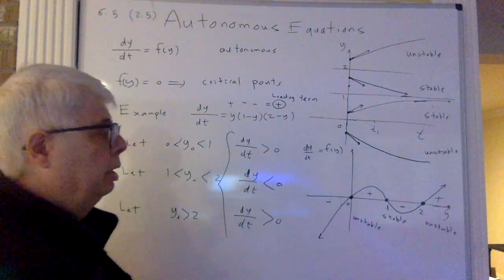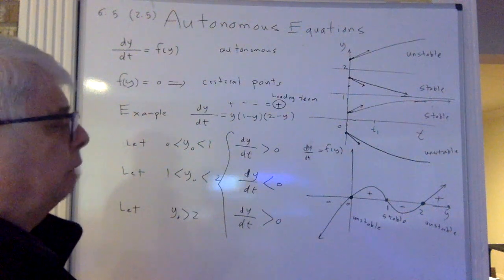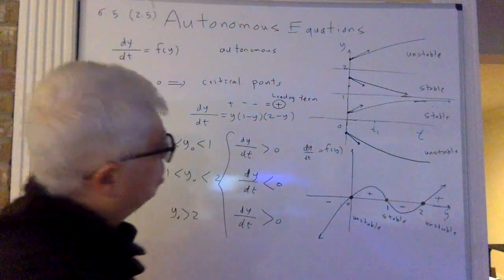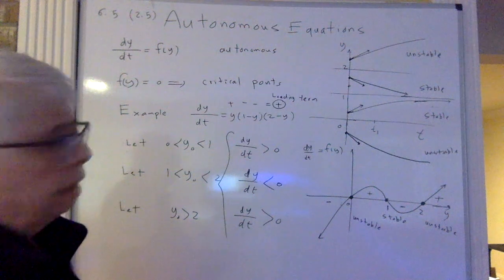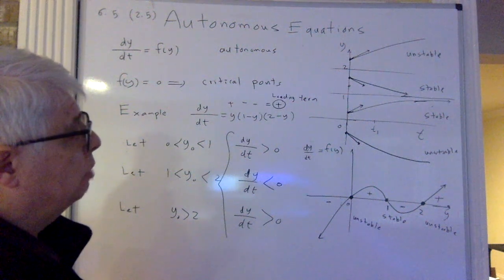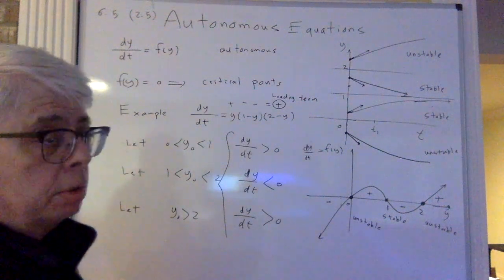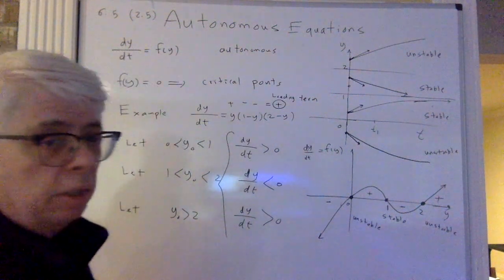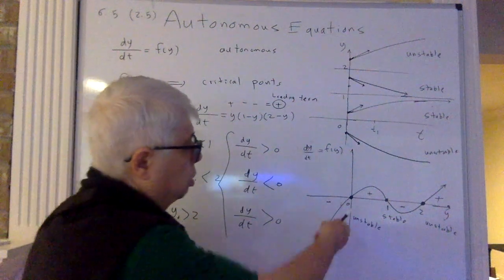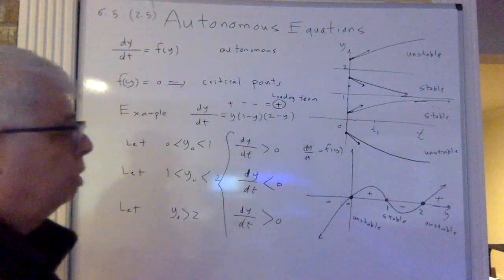Okay. Now, you can either memorize this, or you can just look at this and draw some picture for yourself. I like the picture because it gives me more insight into what's happening than this one, which is like a problem in college algebra.